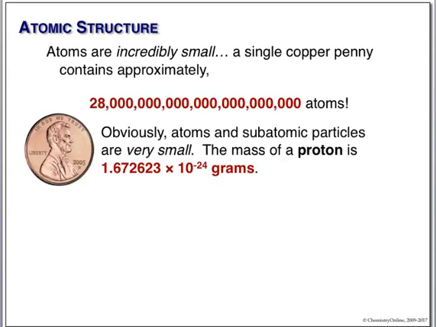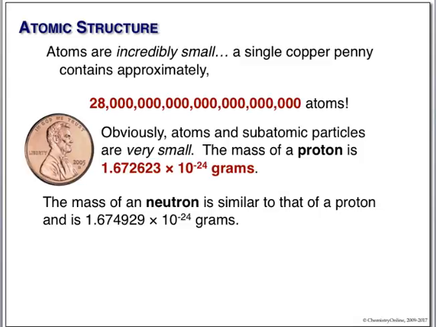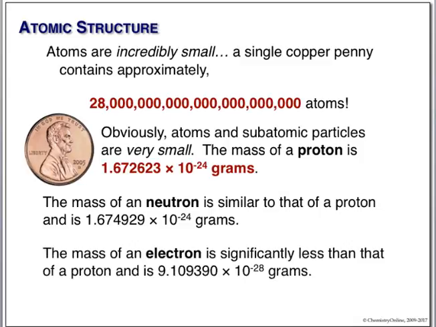A neutron is very similar to a proton, very similar mass, and an electron is much, much less. Now, this tells you something about the mass of an atom. The mass of an atom is essentially 100% in the nucleus.